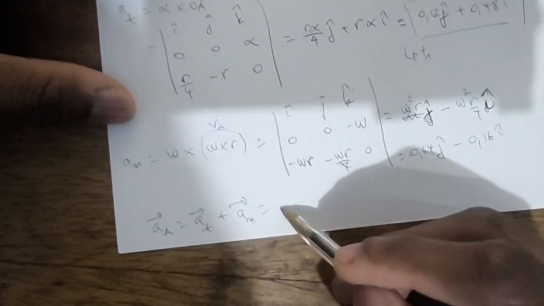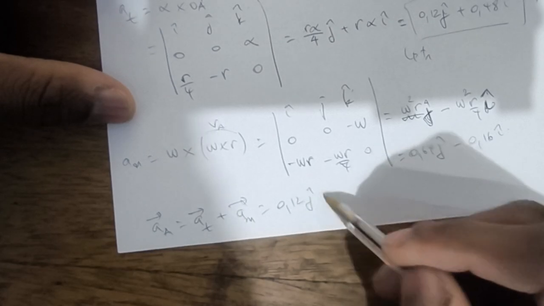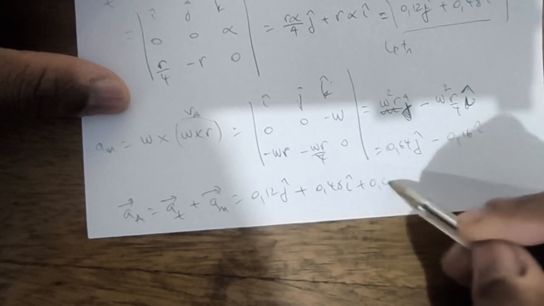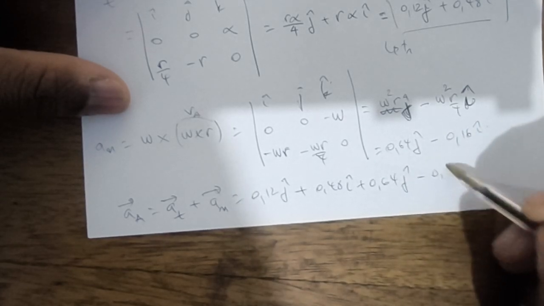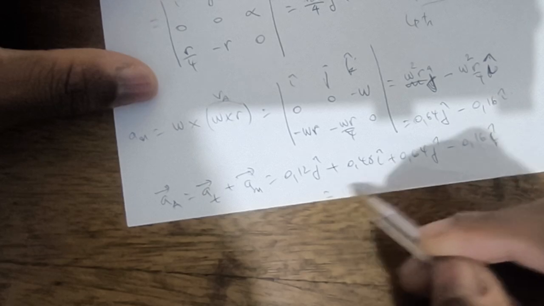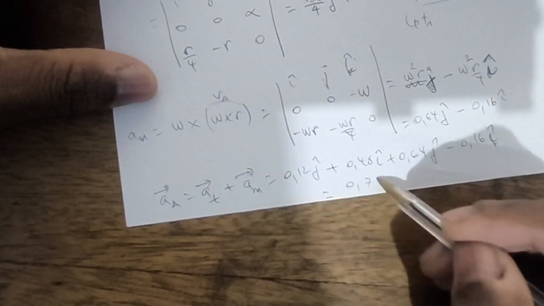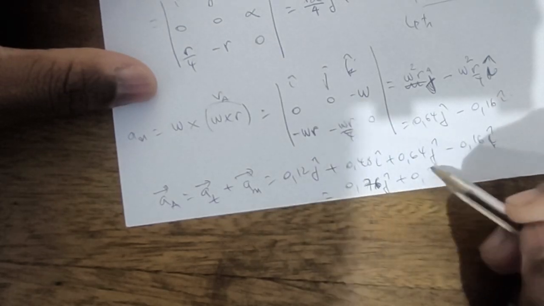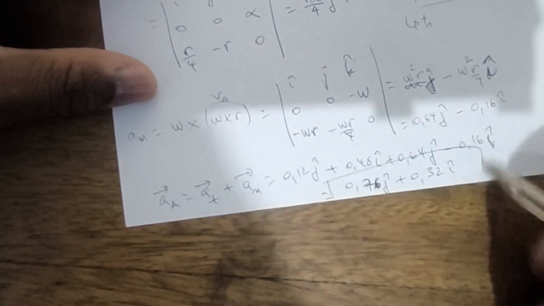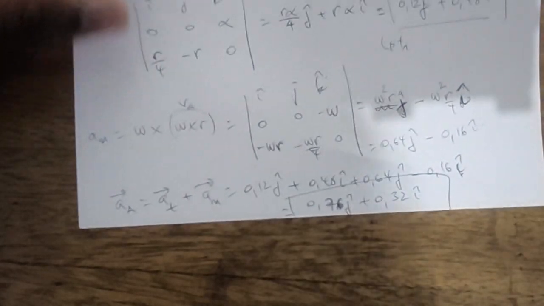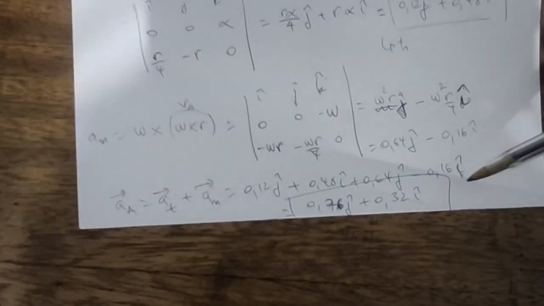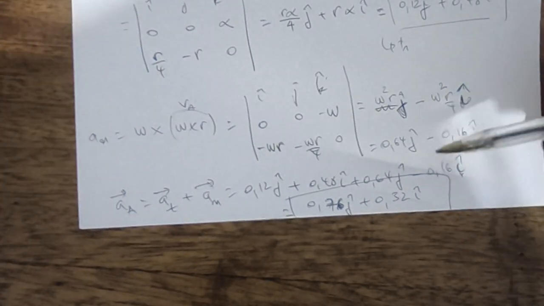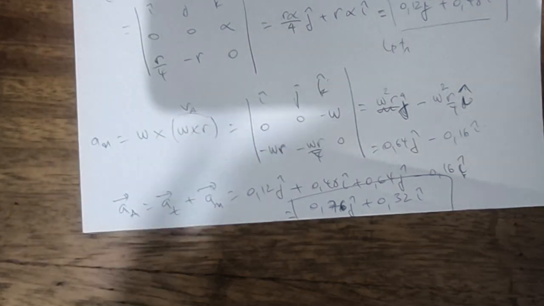We know that the transversal acceleration we computed as this one, and the normal acceleration we computed with this value, which leads to 76J plus 32E. So with the small steps that I showed you right now, we can compute the instantaneous velocity and the instantaneous acceleration.